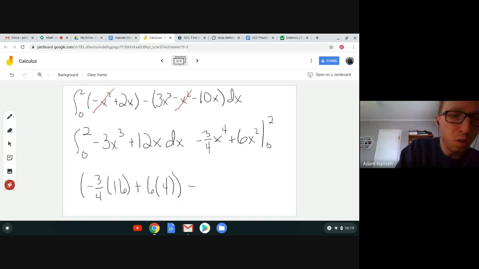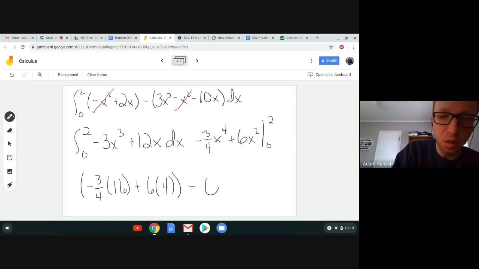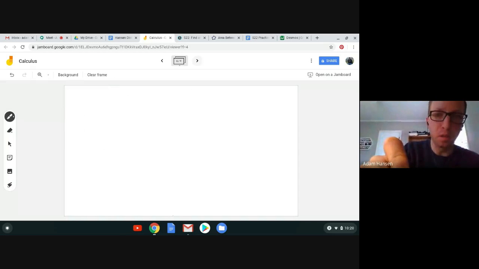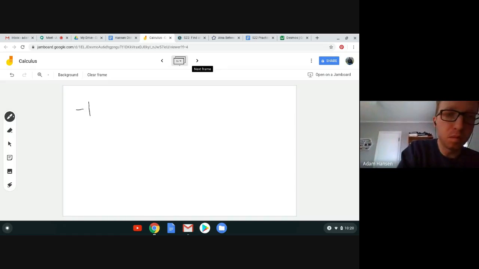Minus, well, when I plug in 0 to my antiderivative, that's just going to be 0 again. So simplifying, -3/4 times 16 is -12 plus 24 minus 0, which is just 12.